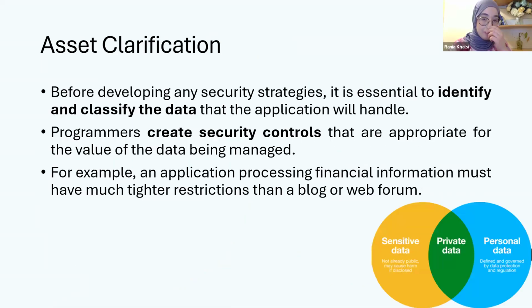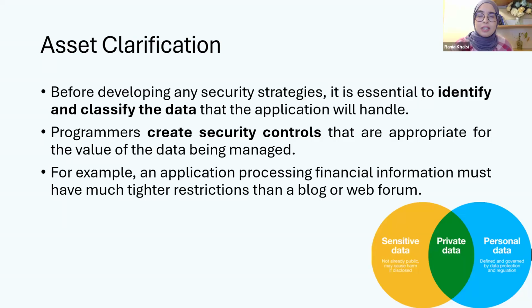So the first step in secure design is something called asset classification. Before we even think about security controls, we need to ask a basic question: what data does this application handle?